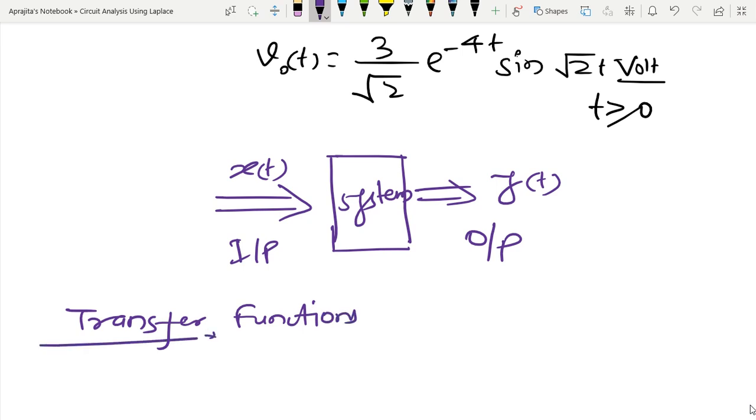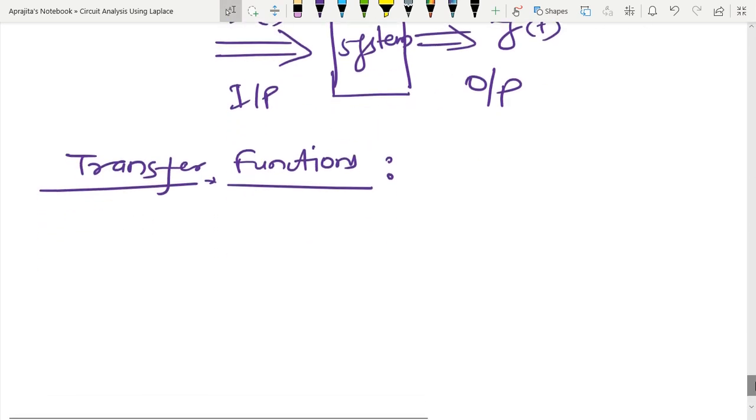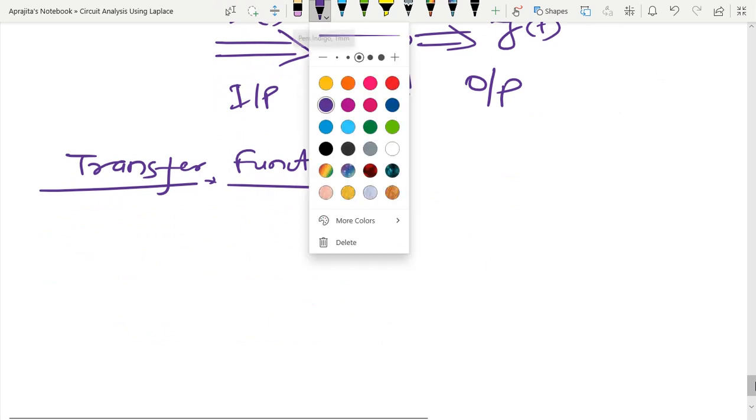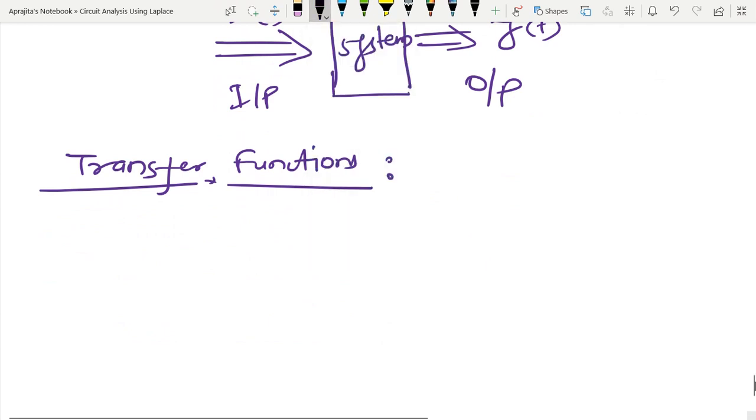So let us first define this term, what is the meaning of transfer function, because this is a very, very important concept, and at several places you will see this kind of concept. Due to that reason I am going to cover it in this class.